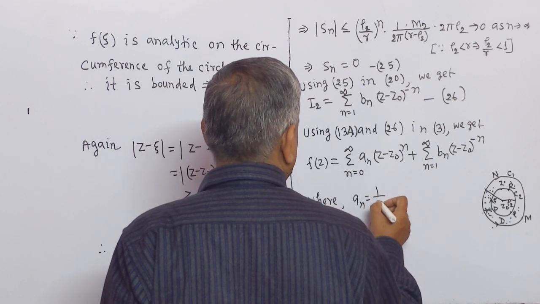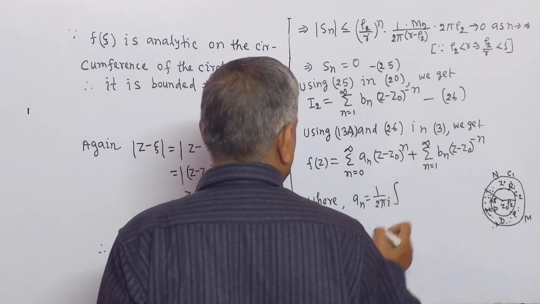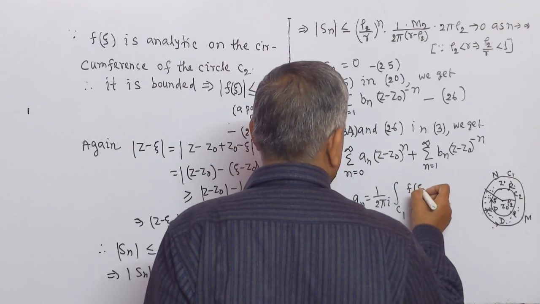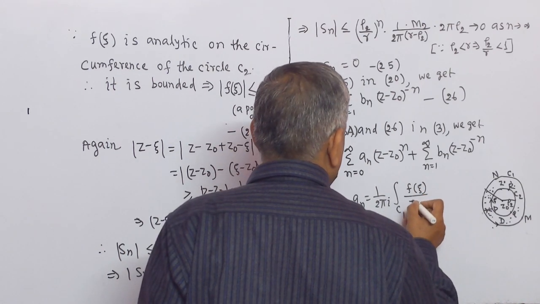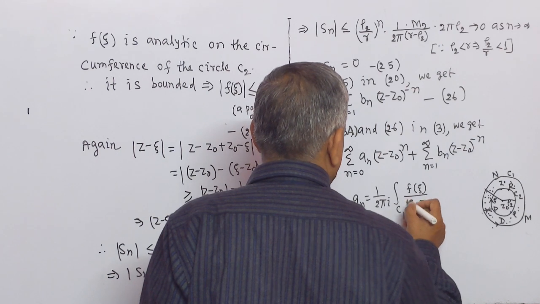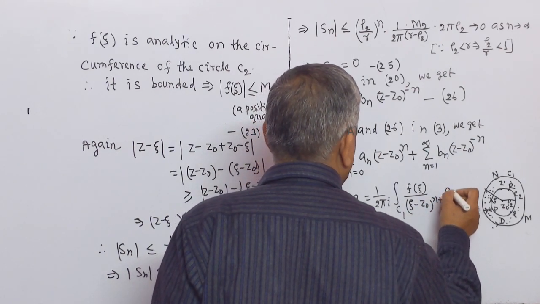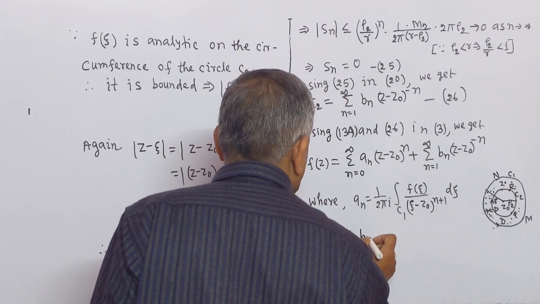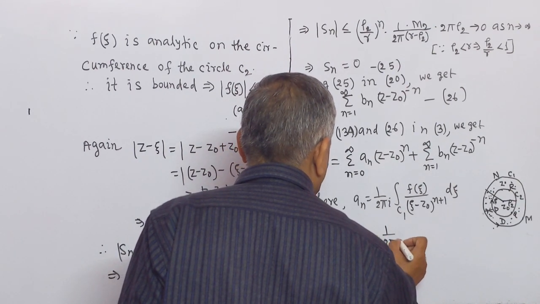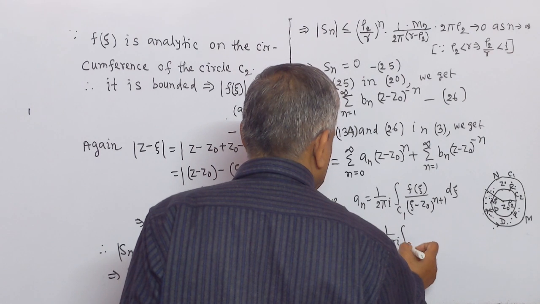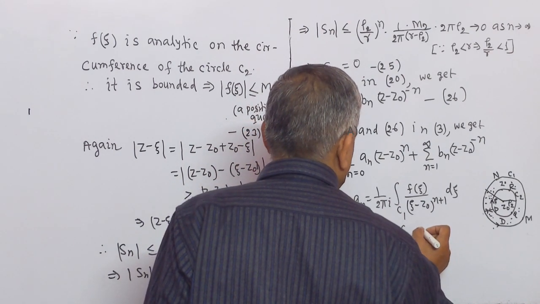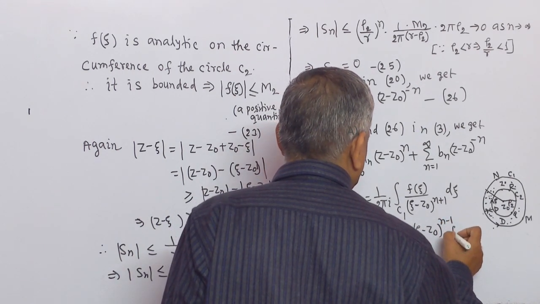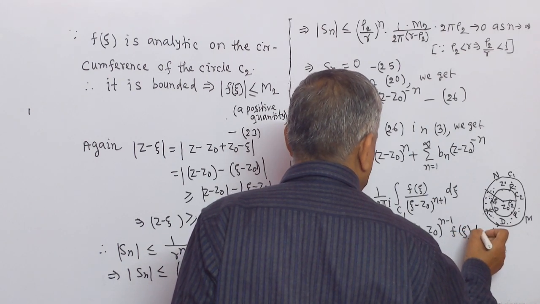an equal to 1 by 2 pi I integration along the circle C1 function of xi by xi minus z naught whole to the power n plus 1 d xi and bn equal to 1 by 2 pi I integration along the circle C2 xi minus z naught whole to the power n minus 1 function of xi d xi.